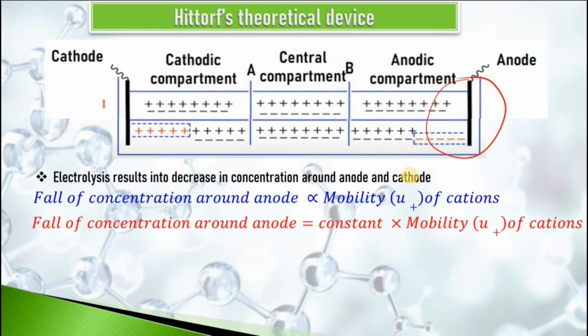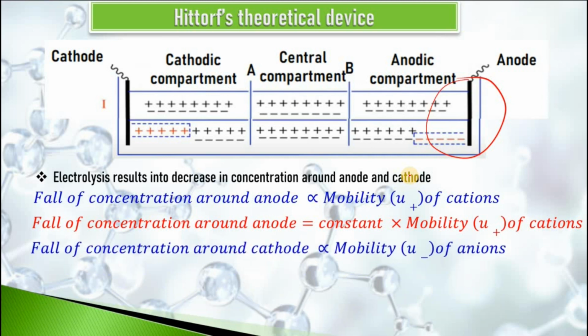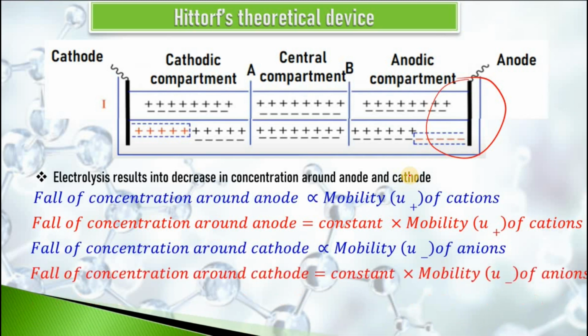Or in other words, the fall of concentration around the anode is equal to a constant multiplied by the ionic mobility of cations. Similarly, we can apply it to the fall of concentration around the cathode, which will be proportional to the ionic mobility of anions, or the fall of concentration around the cathode will be equal to a constant multiplied by the ionic mobility of anions.